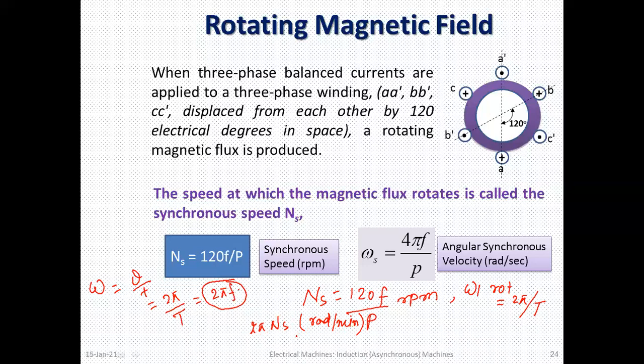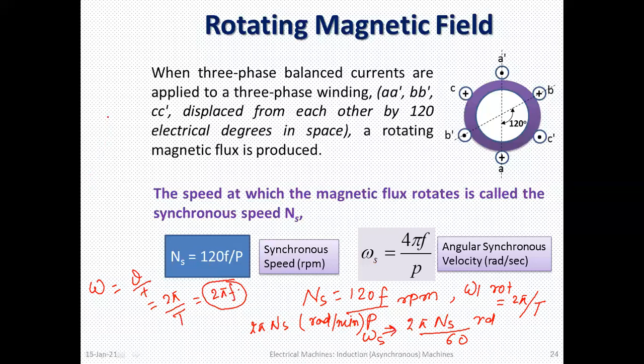So we have to convert minutes into seconds. So how much will we get? We will get 2 pi into ns, which is radians per minute. In converting to seconds, it will be omega s equal to 2 pi into ns by 60. So now you put the value of ns here, and we will get omega s.